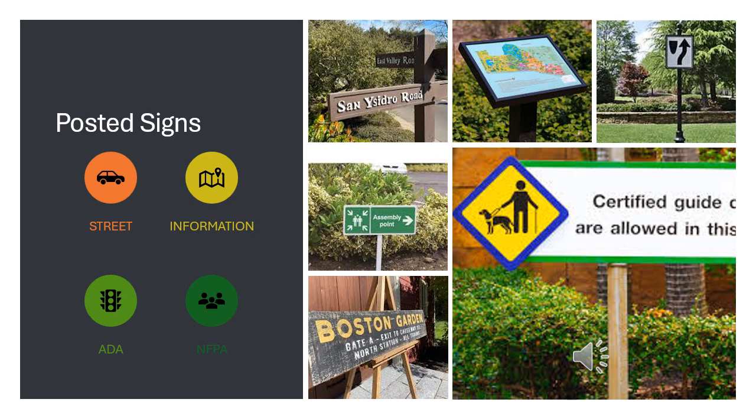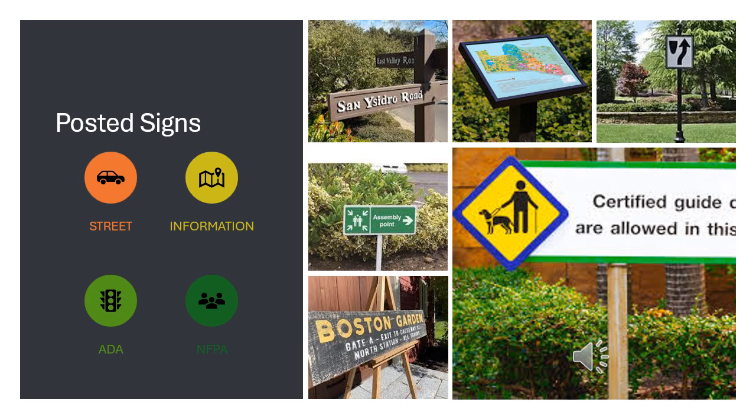There's a numerous amount of signs or signage that will be helpful or necessary sometimes in order to meet some type of requirement with city codes or statutes, like the ADA or the NFPA.